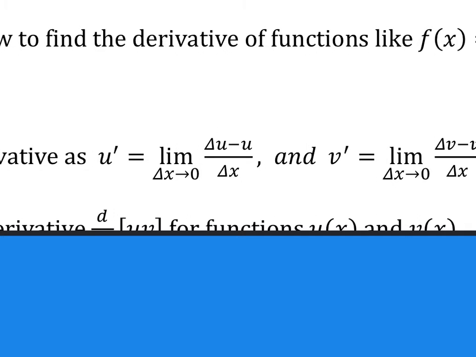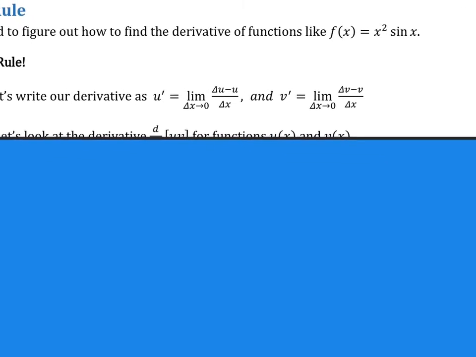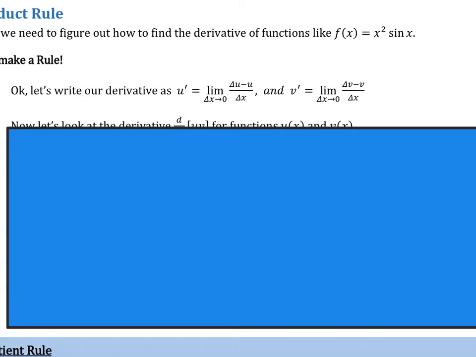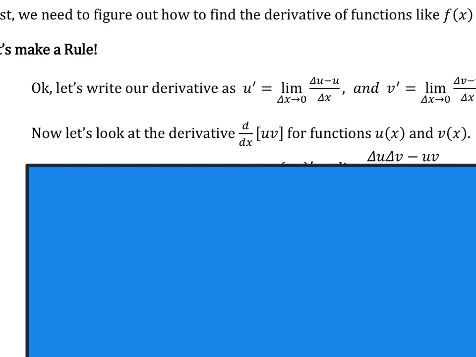Okay, same thing for v. We've got another function v, and we'll say that it's the change in v, which is the change in y values, over the change in x. Okay. So we're going to kind of just define that there. Now, okay, the question is, what if we have the derivative of u times v? How do we deal with that?